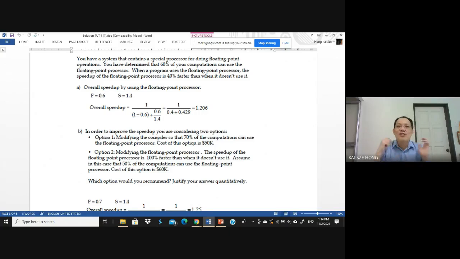Whereas for option number 2, you can modify the floating point processor. This one is even tougher. So the speed up of the floating point processor is 100% faster compared to 40% faster when it doesn't use it. Assume in this case that 50% of the computations can use the floating point processor.